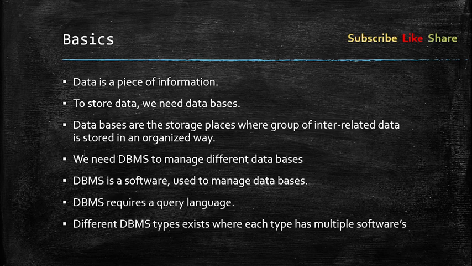Based on how the user is going to store data inside a database using a particular DBMS software, DBMS software are categorized into hierarchical, network, RDBMS, non-relational DBMS, object-oriented DBMS, etc. Each type of DBMS follows a particular data model. These are the basics that we need to have before proceeding into RDBMS.